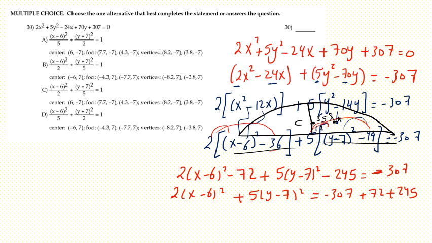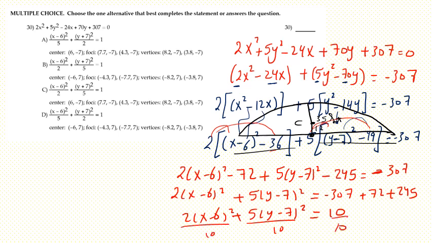So by using my calculator, it's equal to 10. So 5 times (y minus 7) squared plus 2 times (x minus 6) squared equals 10. So I will divide here by 10, there by 10, and here by 10.